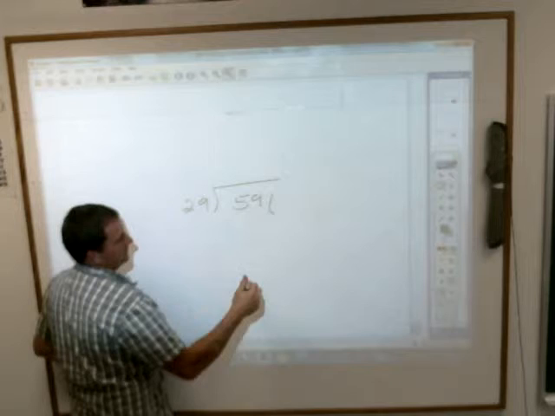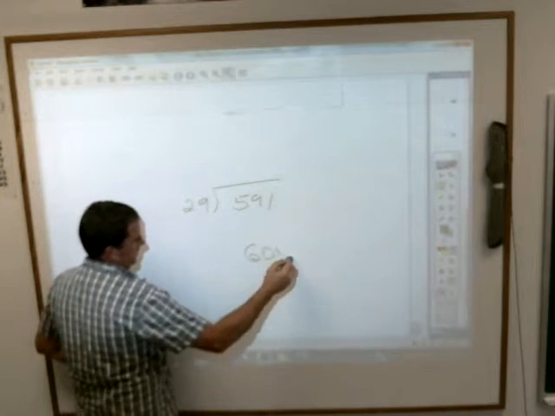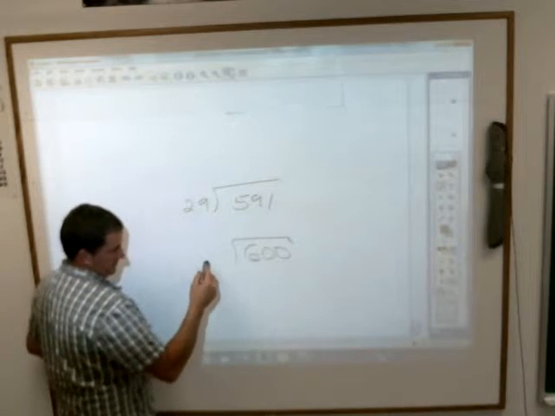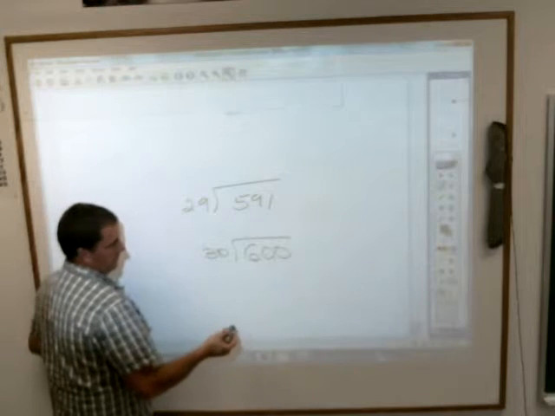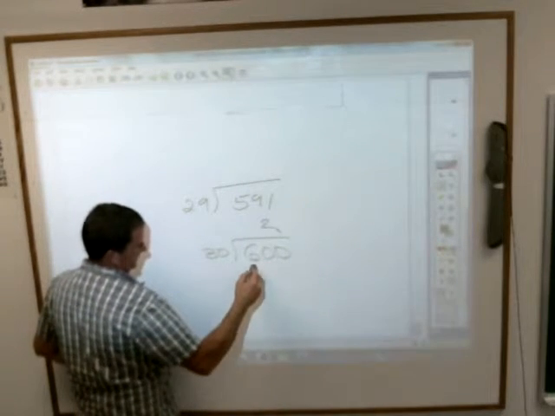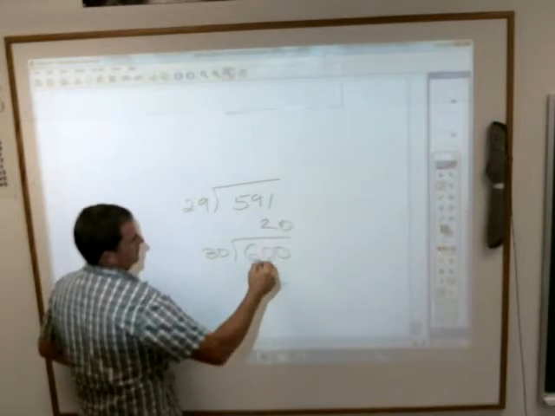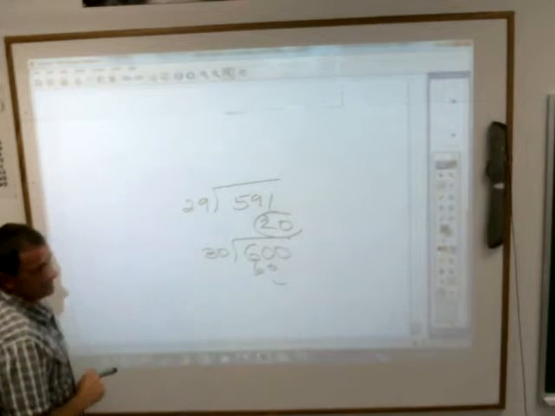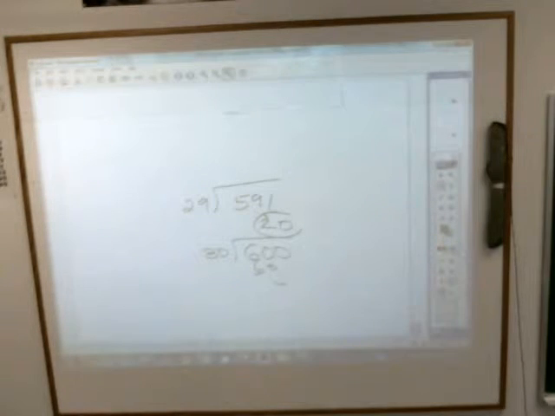What would you say 591 is? 600. Good. And then 29 is 30, and then you would do the problem. 30 goes into 60 twice, and you get 20 for your answer. Okay. Estimating means making the problem simple enough to really do quickly. It doesn't necessarily mean that you're going to do it in your head the whole time.